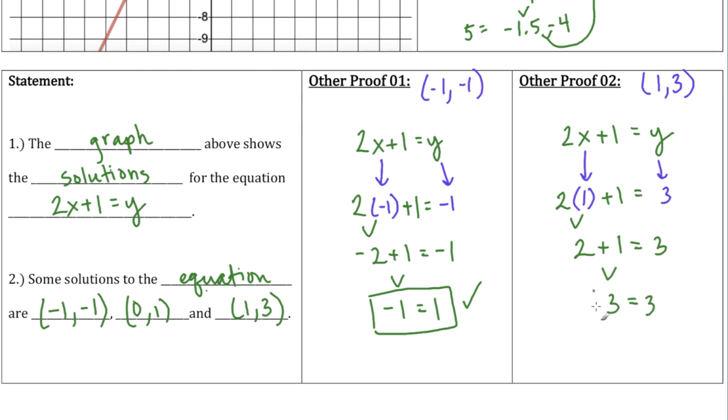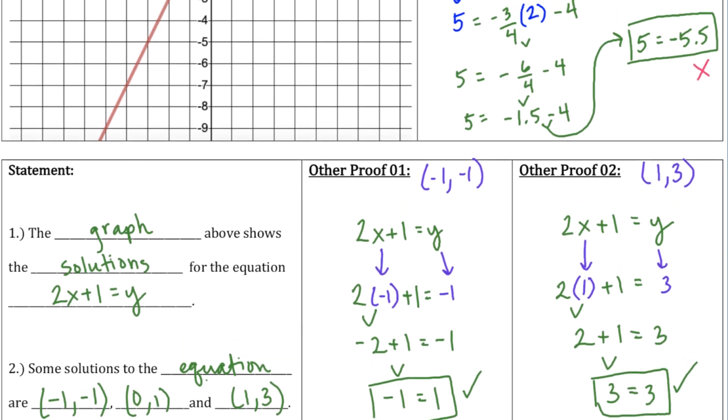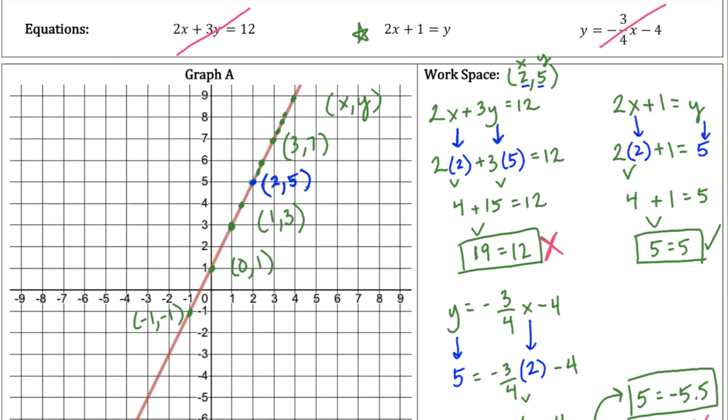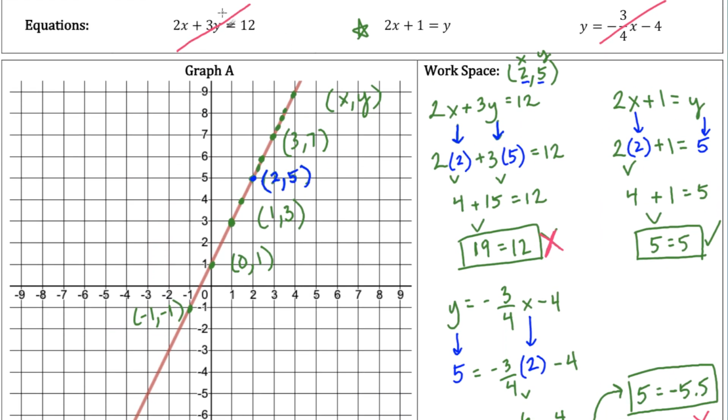I'll summarize what we did. So I'm going to go back up here. We were trying to figure out which of these 3 equations goes with this graph of solutions. These are a bunch of solutions, a bunch of dots, right? We're trying to figure out whether they go with this equation, or this equation.